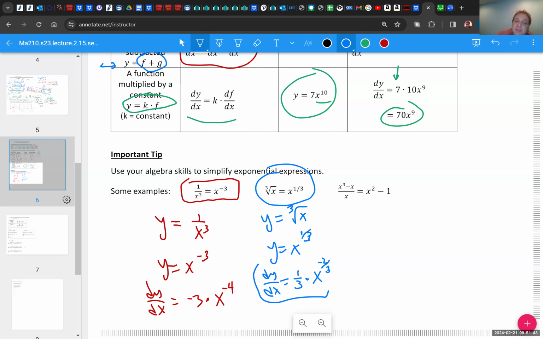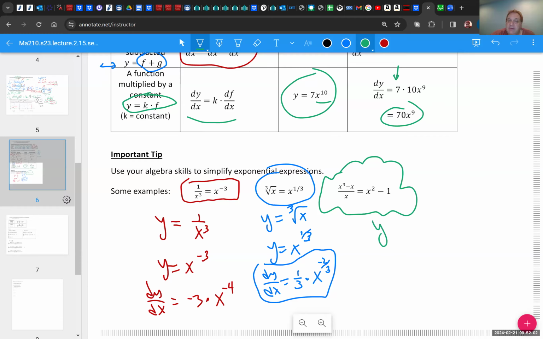So there's a second example of where algebra is really helpful in using the shortcut rules to find the derivative. All right, my last example here, I'll do a little cloudy in green. This is a fraction type problem, x squared minus x over x.